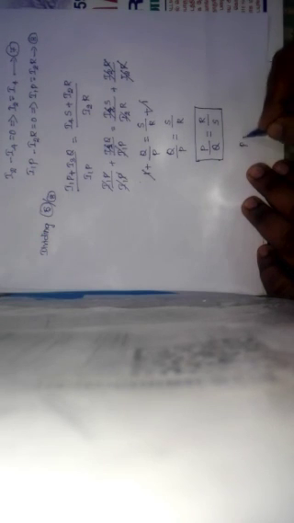By knowing the resistance values P and Q, we can compare the values of R and S. Or suppose any one resistance is unknown, for example P is the unknown resistance, then using this formula P is equal to Q into R by S. So we can easily find the unknown resistance by using the Wheatstone bridge.